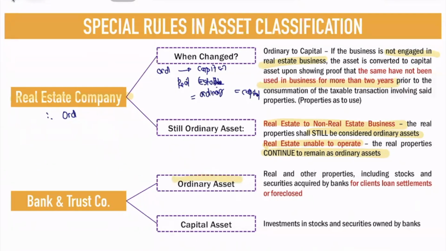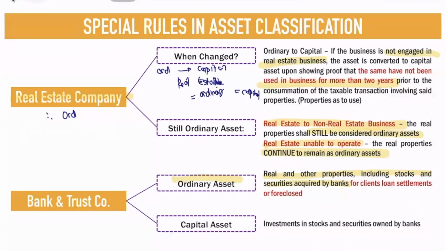Real and other properties, including stocks and securities acquired by banks for clients' loan settlements or foreclosure, is considered an ordinary asset. So for example, nagpautang ang bangko. Tapos, di ba pag nagpapautang ang bangko, they will let you mortgage your property. So it can be a chattel mortgage or a real estate mortgage. The mortgaged property is used as a security for the loan.